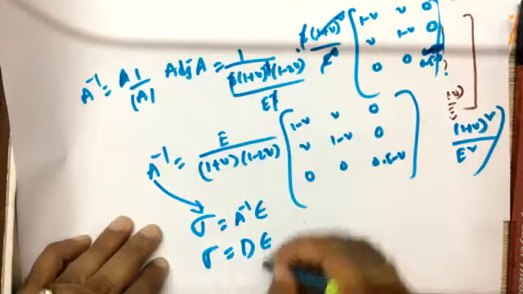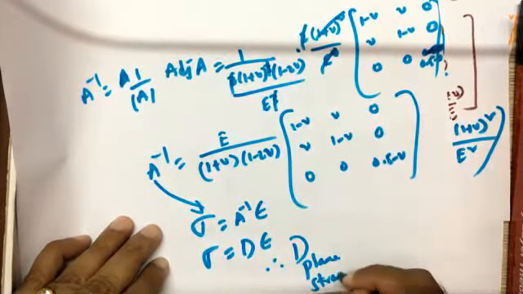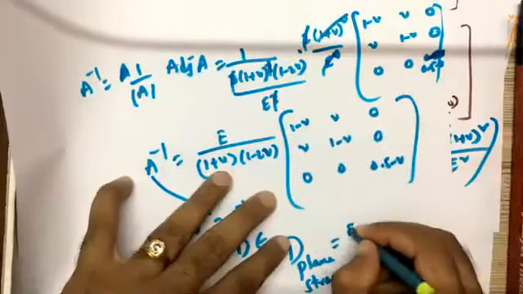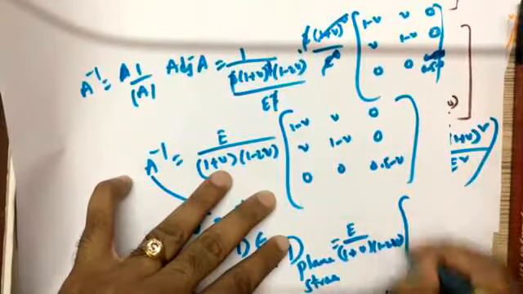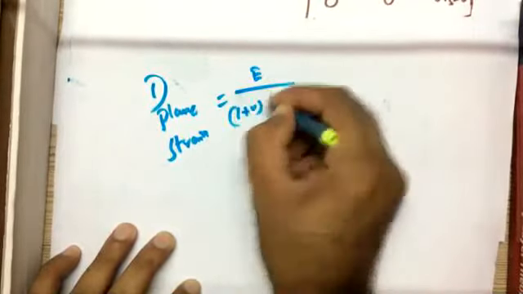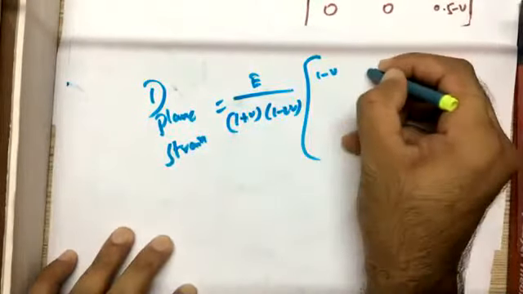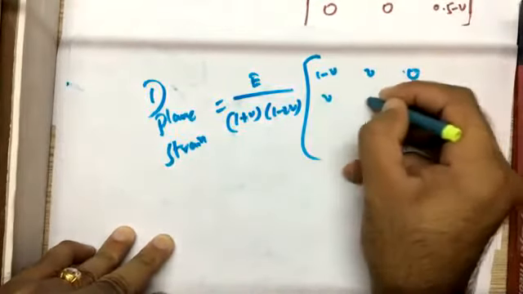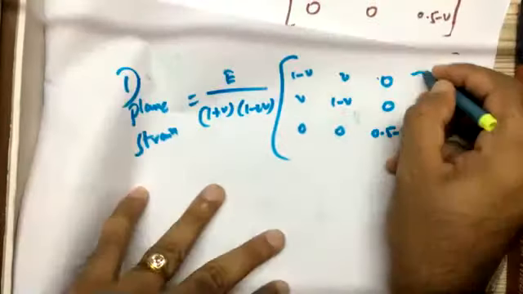Therefore your D matrix for plane strain is equal to E by (1 plus nu) into (1 minus 2 nu) into the matrix [1 minus nu, nu, 0; nu, 1 minus nu, 0; 0, 0, 0.5 minus nu].